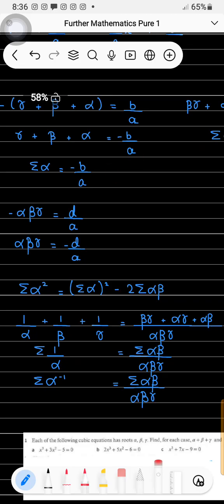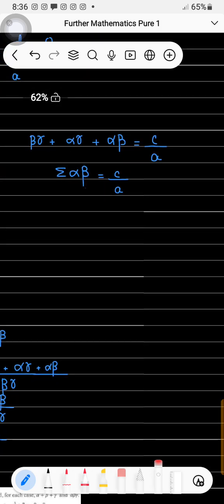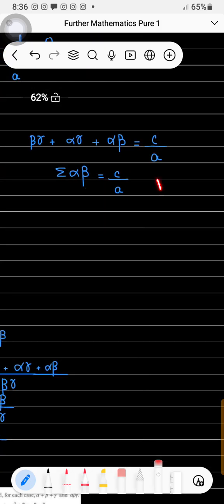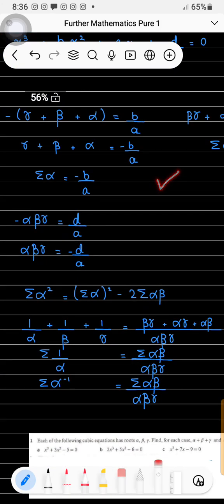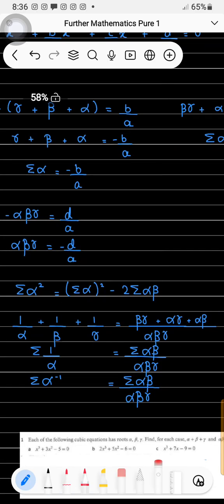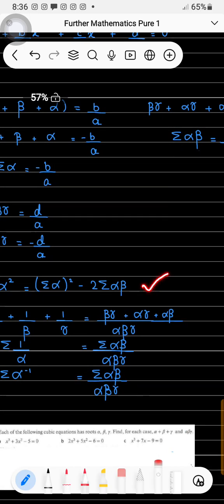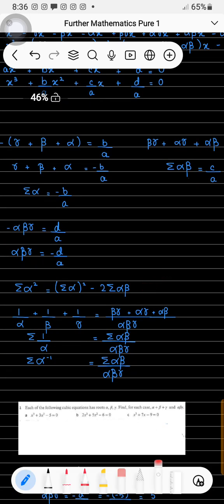You can repeat with me: sum of alpha equals negative b upon a. The second formula is sum of alpha beta equals c upon a. Alpha beta gamma equals negative d upon a. Sum of alpha square equals bracket open sum of alpha bracket close whole square minus 2 sum of alpha beta. Sum of alpha power minus 1 equals sum of alpha beta over alpha beta gamma.